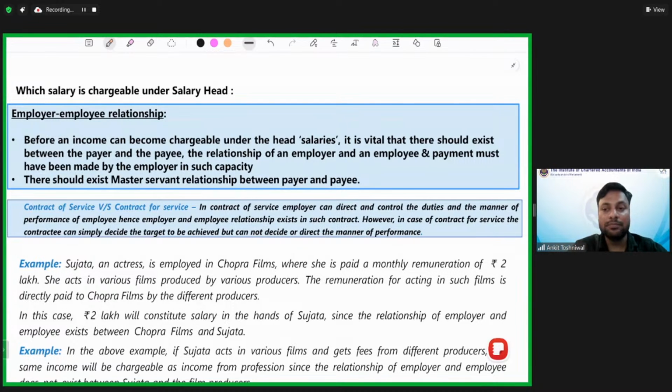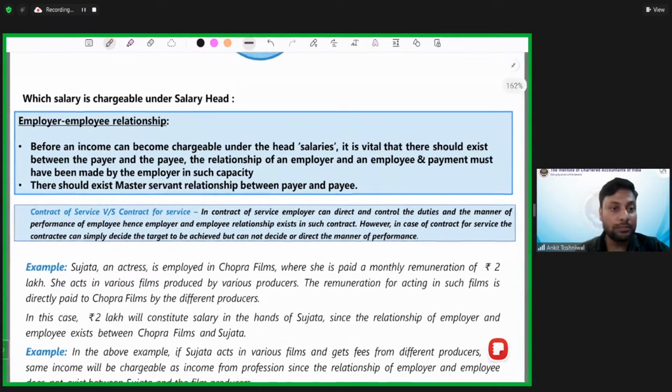Are you getting my point? Say yes or no first. I repeat again, if there is an employer-employee relationship, master and servant relationship, then the income of such employee is taxable under the head salary, otherwise not.